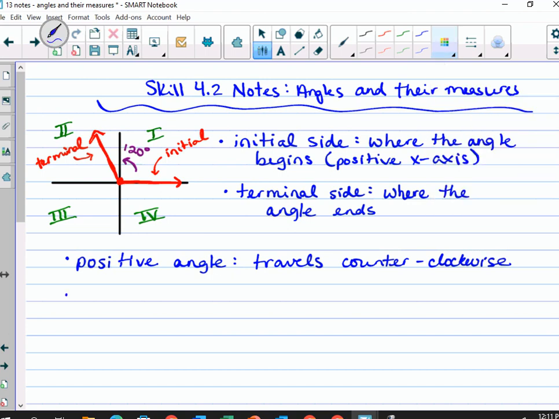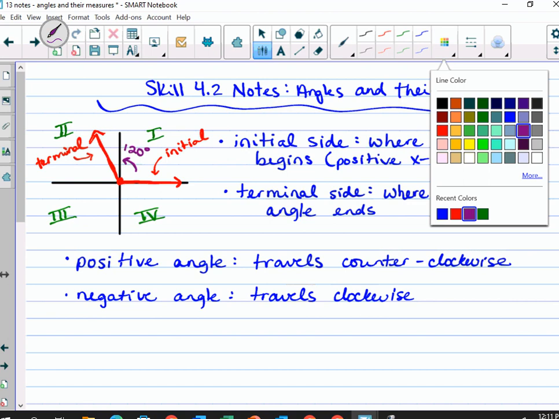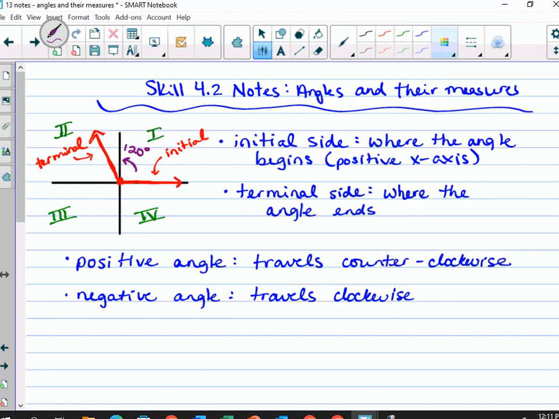All right, I can also have a negative angle. What do you think happens with a negative angle? So let me label up here.